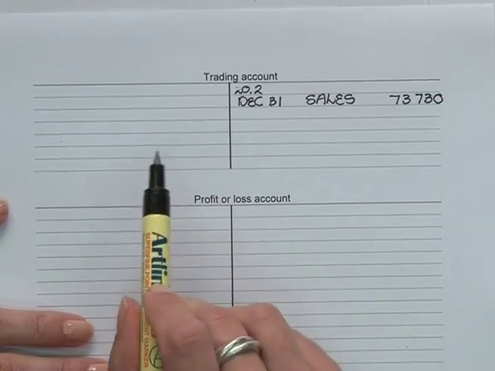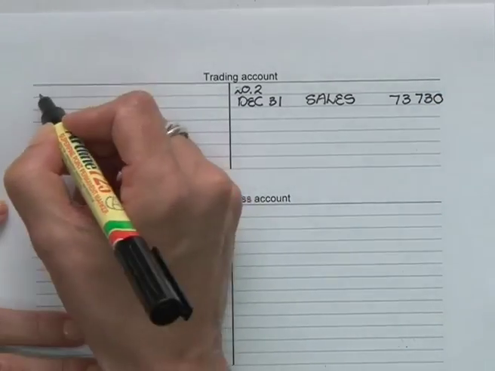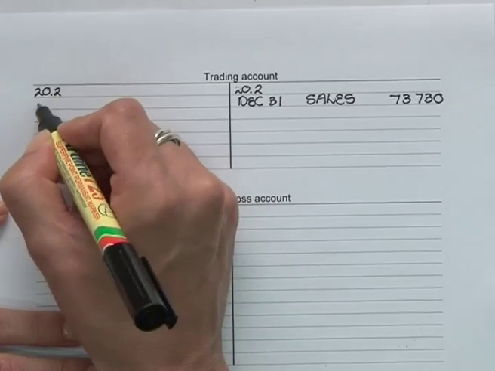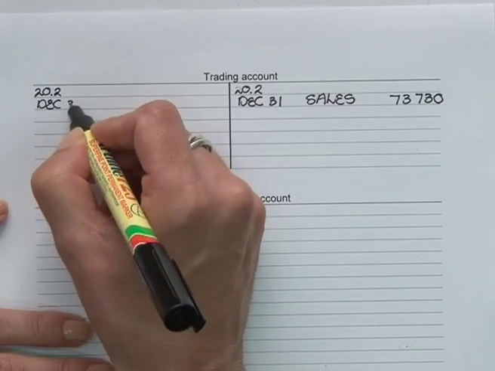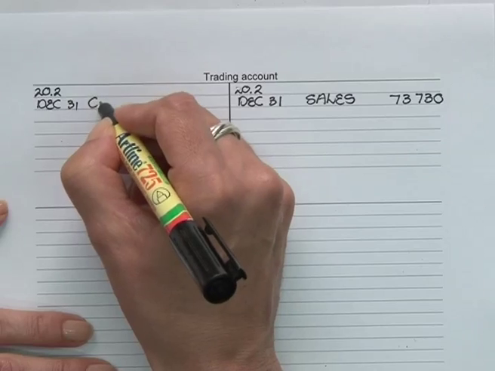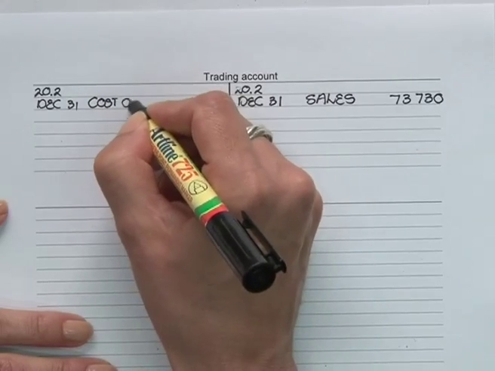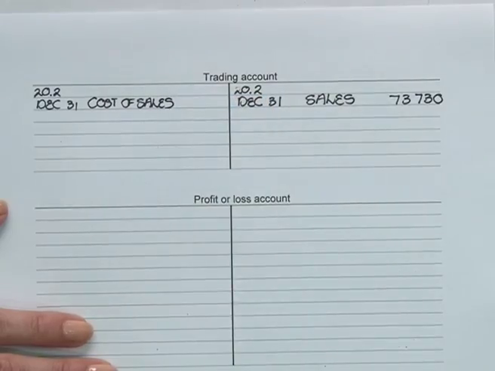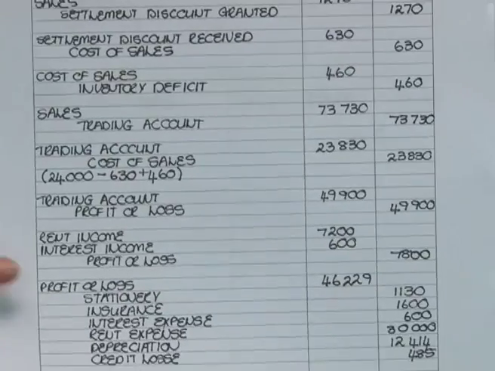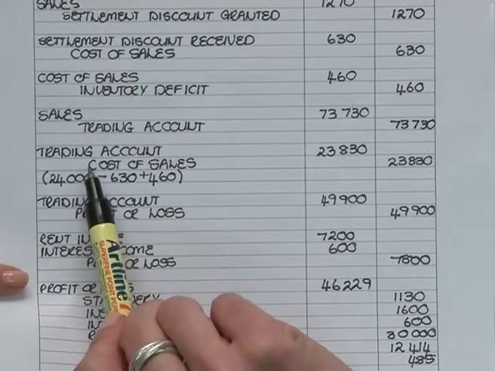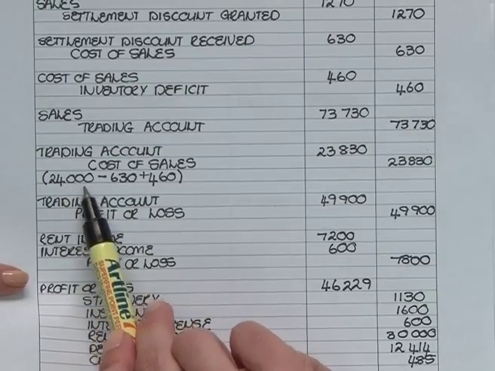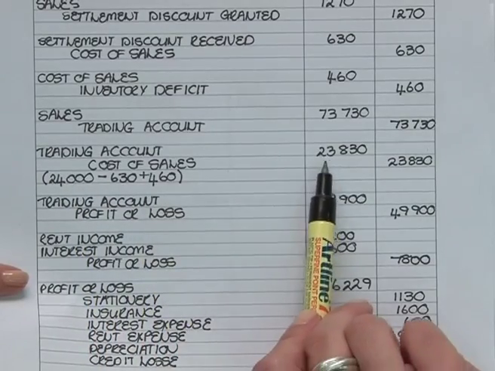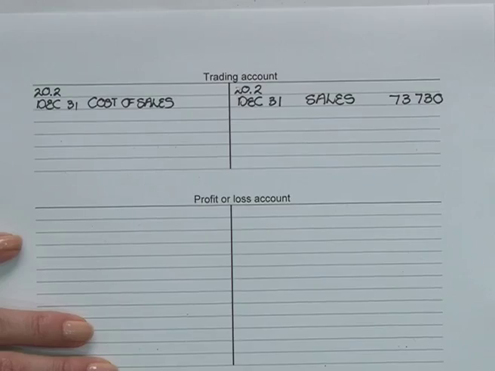So we don't have to do the calculation again. We also closed off the cost of sales at the end of the year. And from my general journal entries, the cost of sales, again the net cost of sales after the adjustments, 23,830.